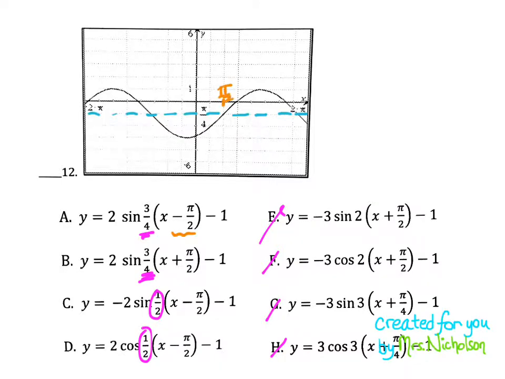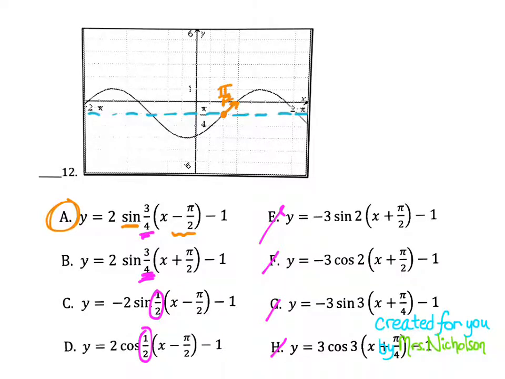That's pi over 2. And if I go to the graph, mark that point right there, that point is on the middle line. And so I know this should be sine because sine is the one that starts on the middle. And it goes up, and so this should be a positive sign. And if I go back and look at answer A, it is sine and positive, and so that's the correct choice. Number 12 is A.